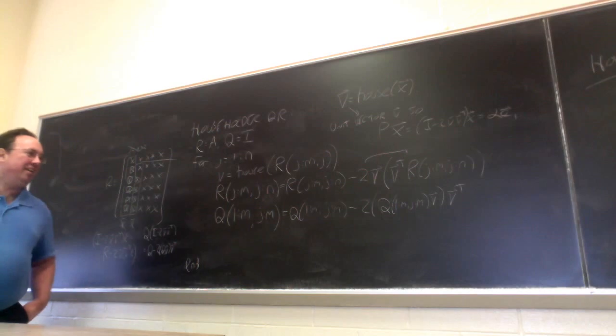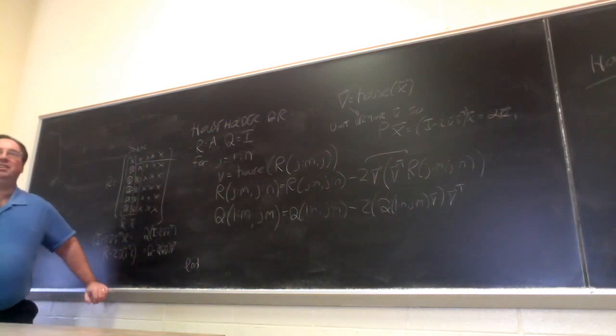And sad to say, I'm actually having difficulty thinking of a particular advantage of using householder reflections as opposed to Givens rotations.